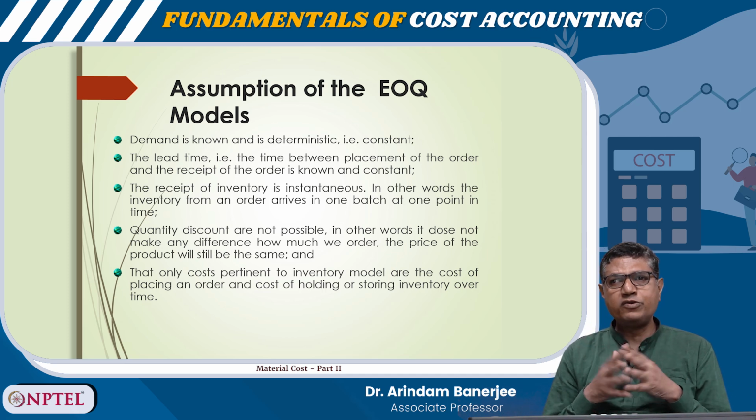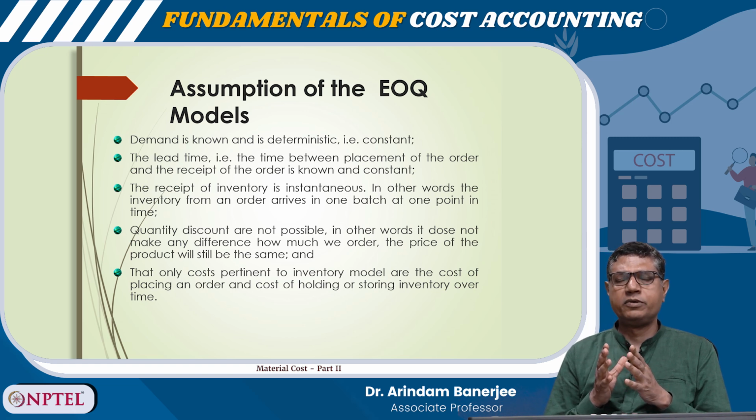So, when I am trying to decide how much to order in a particular order, I am making certain assumptions, because it is a model. So, the assumption is that whatever quantity you buy, there is no discount. This is a major assumption here, right. The lead time, we know how much time, and it will not change, it should not vary, right.